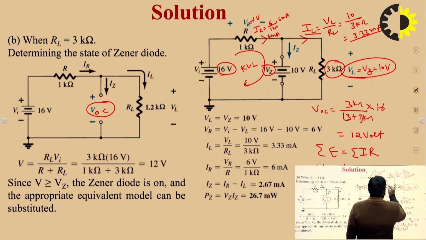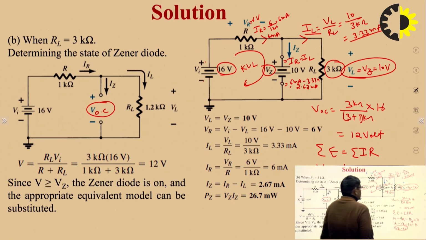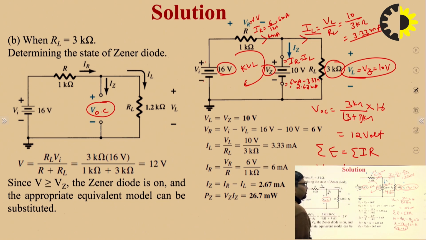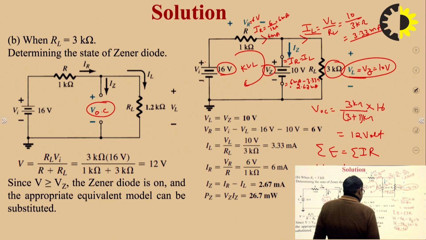So what is the IZ? IZ is equal to IR minus IL, which is 6 milliampere minus 3.33 milliampere, so this one is 2.67 milliampere.